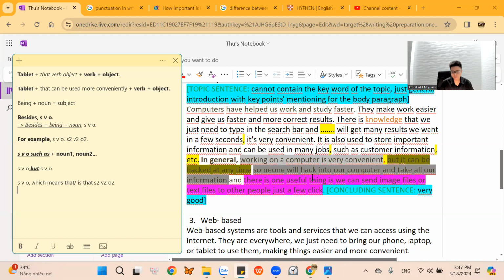So here, be careful. Someone will hack into our computer and take all our information, and there is one useful thing. You say "there is one thing". Here, "there" is a subject, "is" is a verb, "one useful thing" is an object. So subject, verb, object. We see the three parts of the sentence already, and this is a full sentence. You cannot put "is", "are", or another action verb at the end of a full sentence.